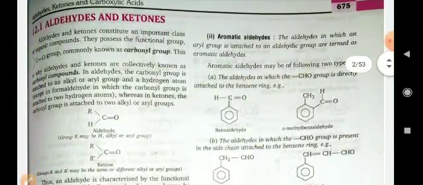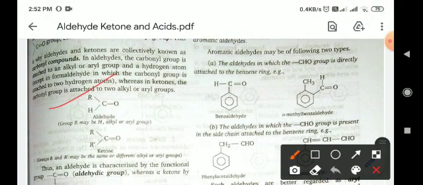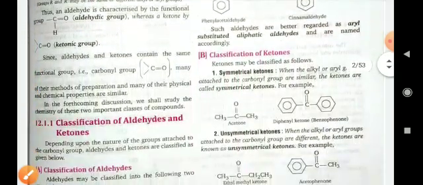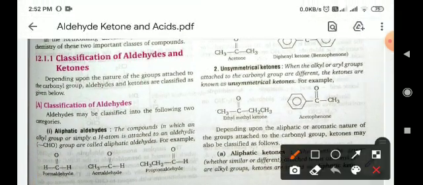Now come to the aldehydes and ketones. As we have discussed before, in aldehyde there is one alkyl group and one hydrogen, and in ketones there is one alkyl and another alkyl group, then they are known as ketones. Now the classification of aldehydes on the basis of their structure. First one is aliphatic aldehyde, meaning there is no aromatic ring.